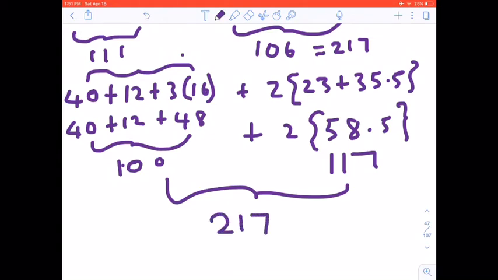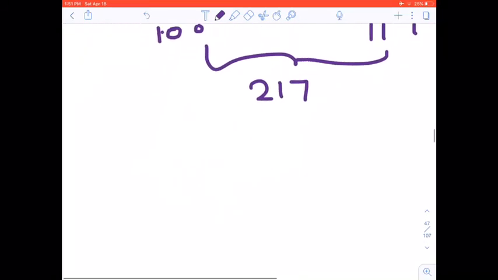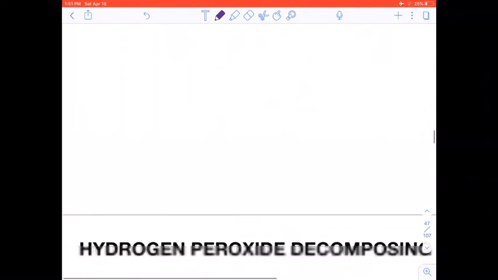So the mass before it's reacting is 217, and the mass after it reacts is 217.